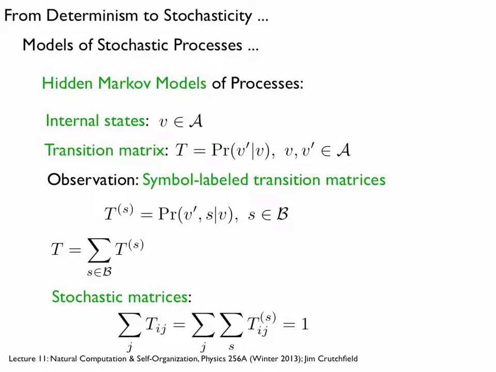If we do that, then we can recover the internal state transitions by summing out the observed symbol. So we easily recover this. And just like the internal Markov chain matrix is a stochastic matrix, all rows sum to 1, there's also a normalization condition for these symbol-labeled transition matrices, the T^(s)_ij.